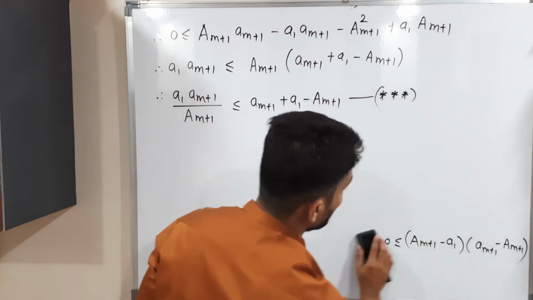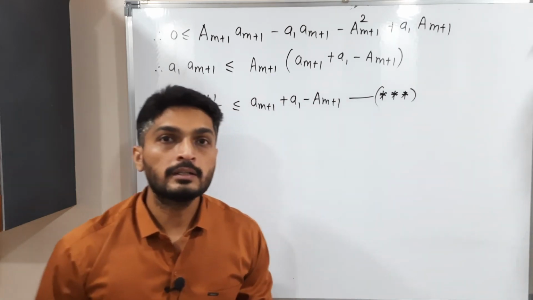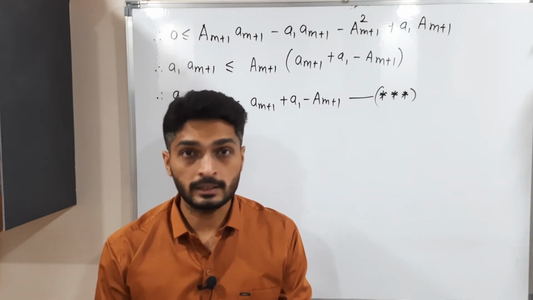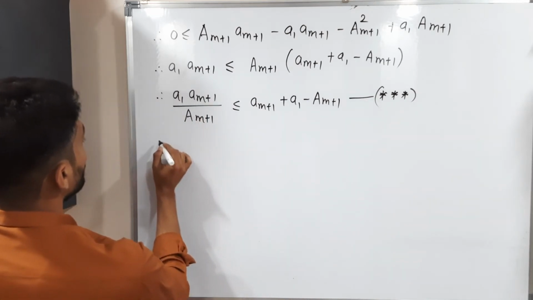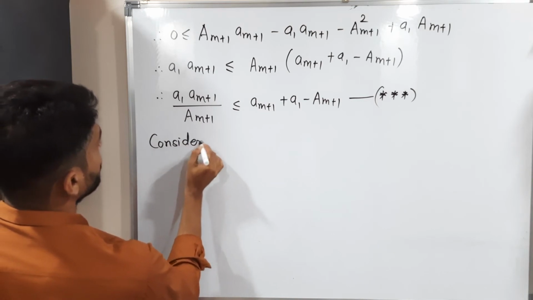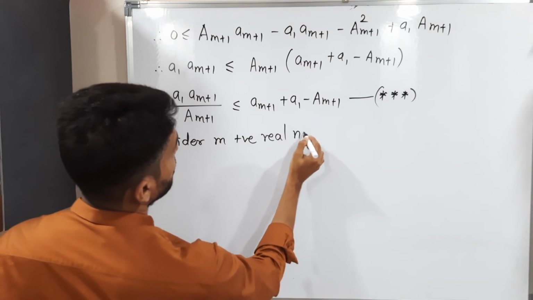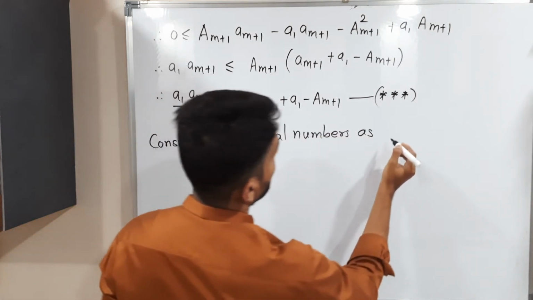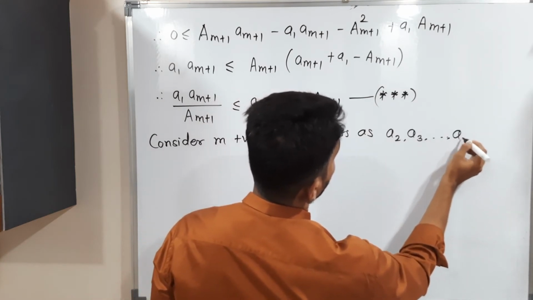Okay, let me remove this part, it is not required. See, we have already assumed the result is true for n is equal to m. We have assumed that thing. So let us take some m positive real numbers. Consider m positive real numbers as a2, a3 and so on a(m).